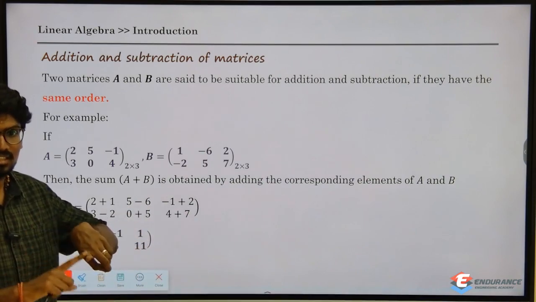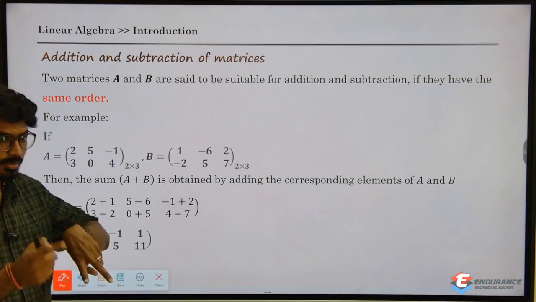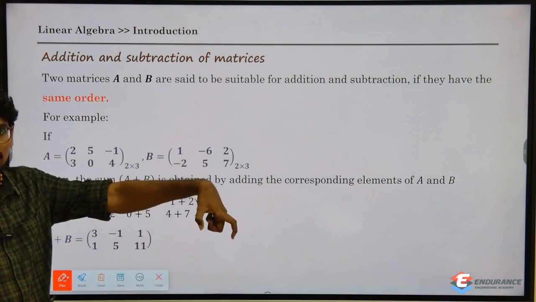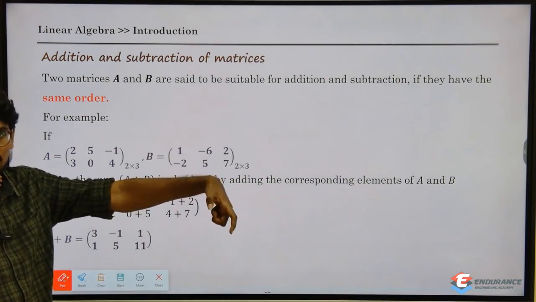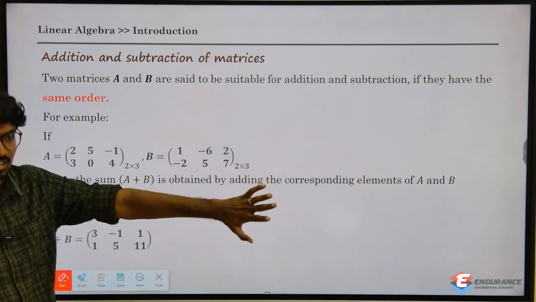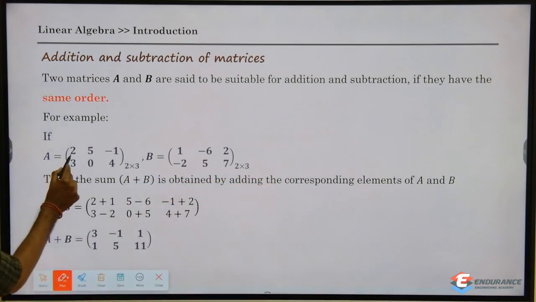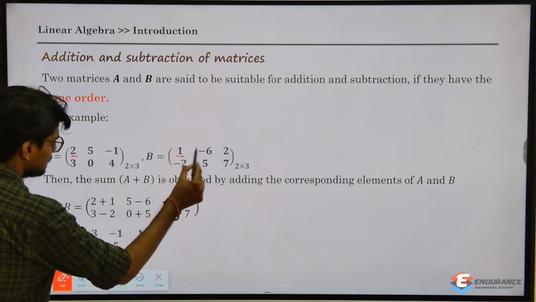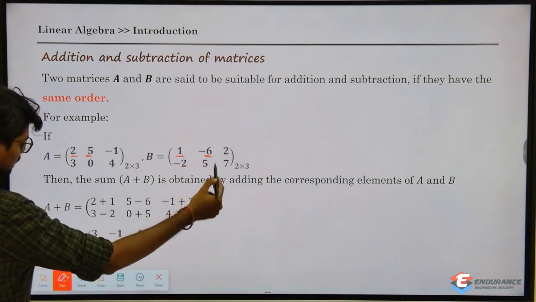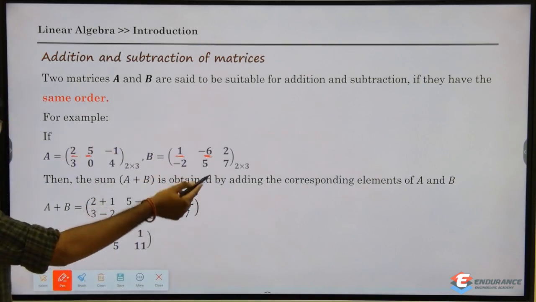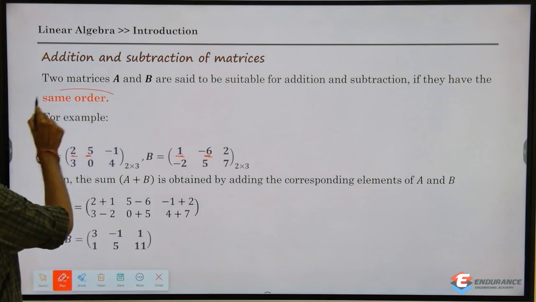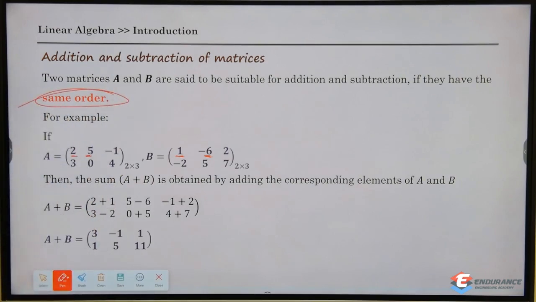The procedure is A11 should be added to B11, A12 should be added to B12, A21 should be added to B21, etc. The particular element should be added to the corresponding element. If I am going to subtract it, the same way the corresponding element should be subtracted. The condition is the order should be same, it is not mentioned here. If it is of the same order, then I can do it.